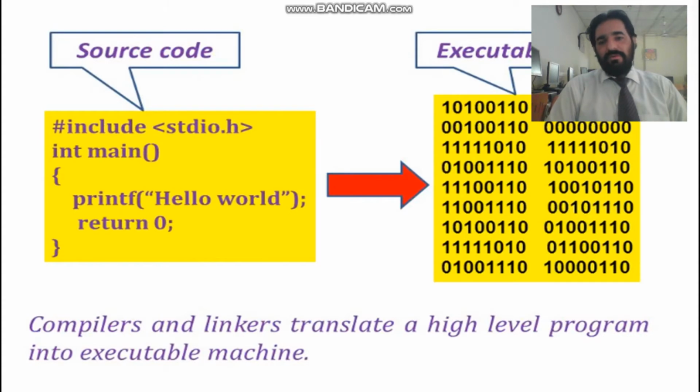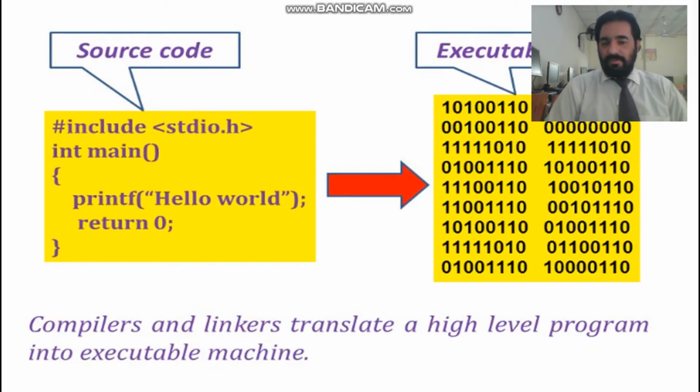Actually, I want to show you the process behind computer programming code. The computer performs several operations to translate your entered code into machine language. Our source code is #include <stdio.h>, my main, printf hello world.